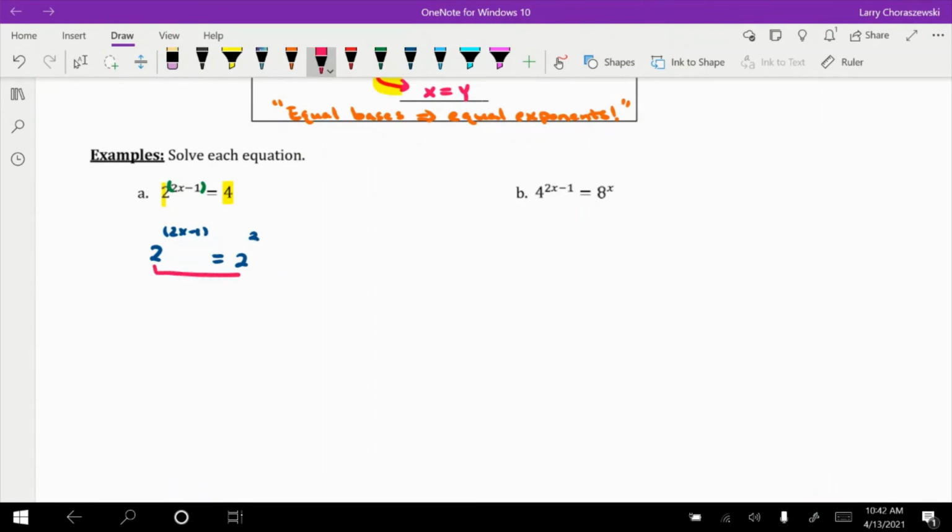Here we have equal bases, which means we get to set the exponents equal. By setting the exponents equal, which we can only do if the bases are the same, we get to solve for x. Add 1 to each side, 2x equals 3, divide by 2 to get x equals 3 halves. And there it is.